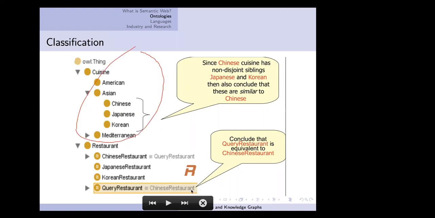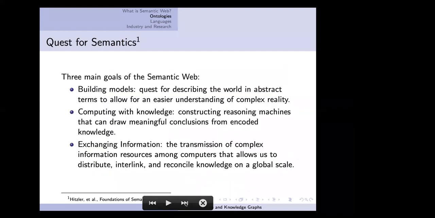Okay, so this would give us the meaning basically of what we're actually trying to do here. So when we're going on the quest for semantics, what we actually have to do are basically 3 steps. So we're building a model like this ontology example that we've just seen to allow a machine to understand the context of the part of the world that we're modeling. Then we're computing this knowledge, so we're constructing new connections.